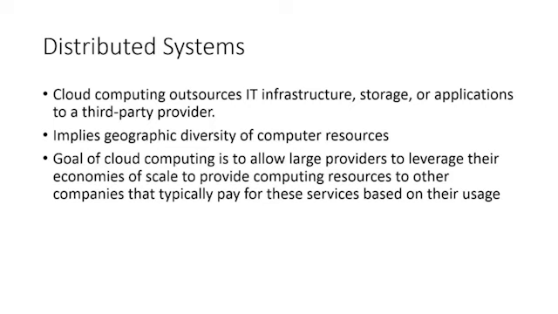So we can have them in different regions, and we're servicing our customers more efficiently that way. So the goal of cloud computing is to allow large providers to leverage their economies of scale to provide computing resources to other companies that typically pay for these services, and they're based on their usage. So that's how cloud providers or cloud computing make their money, through these distributed systems that are out there on the internet or the global web for us.